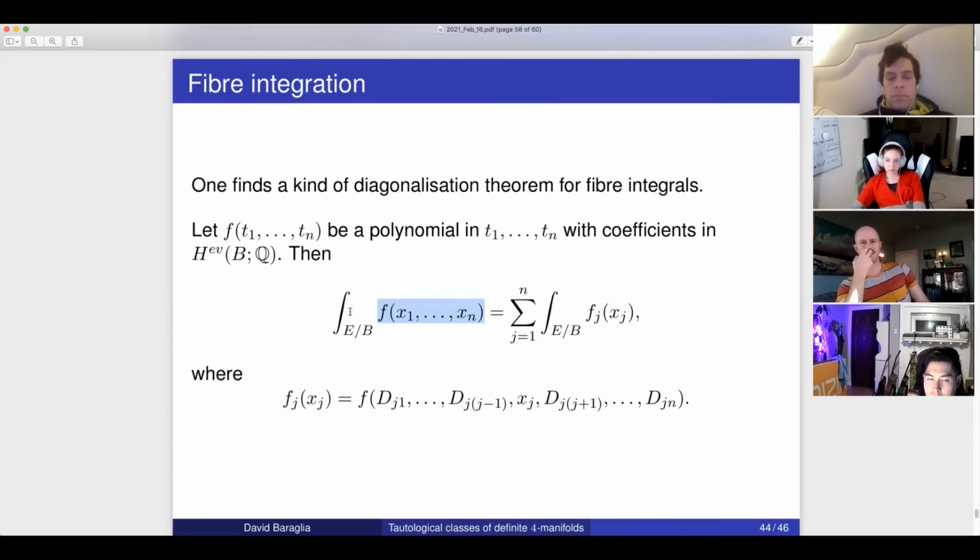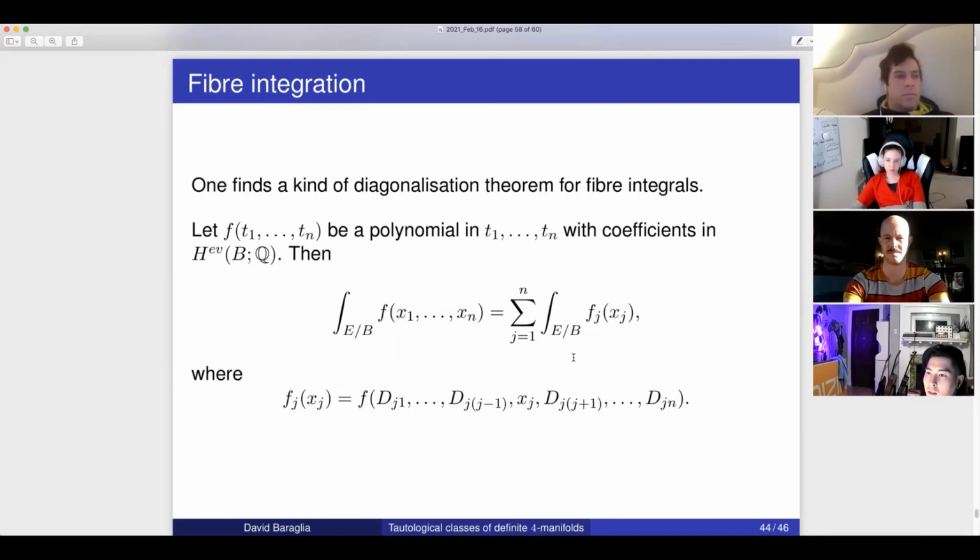This fact, which just comes from the structure of the cohomology ring, is somehow a reflection of this diagonalisation. So these fiber integrals are splitting up into sums from 1 to n.